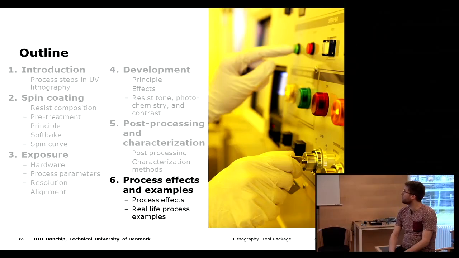Okay, so this part is going to go into the process effects that we see in our lithography process, and it's also going to showcase some of these using real-life pictures from the clean room.